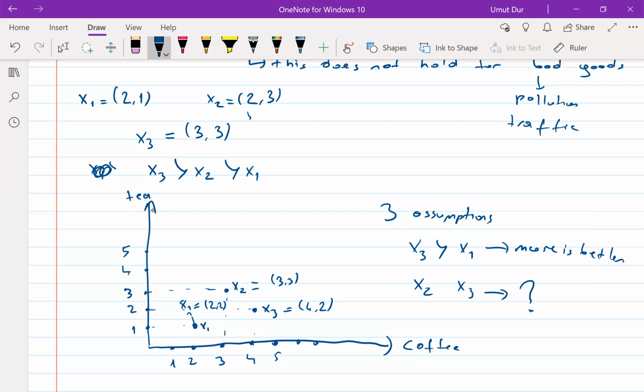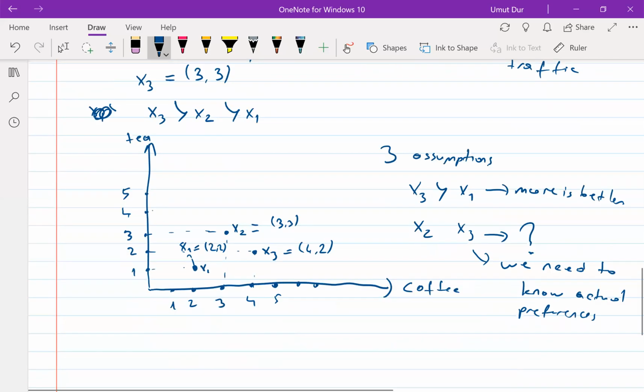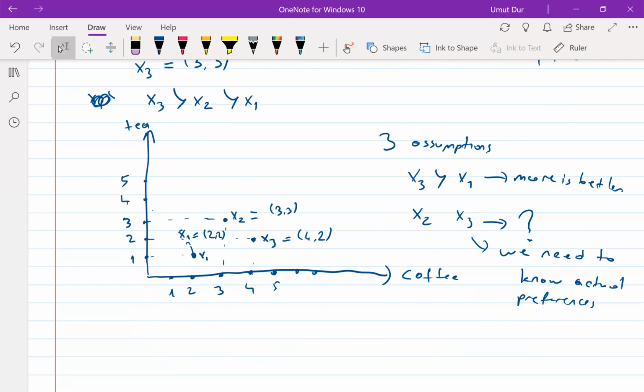To answer that, we need to know actual preferences. One thing that we will be using to represent these actual preferences is called indifference curves.